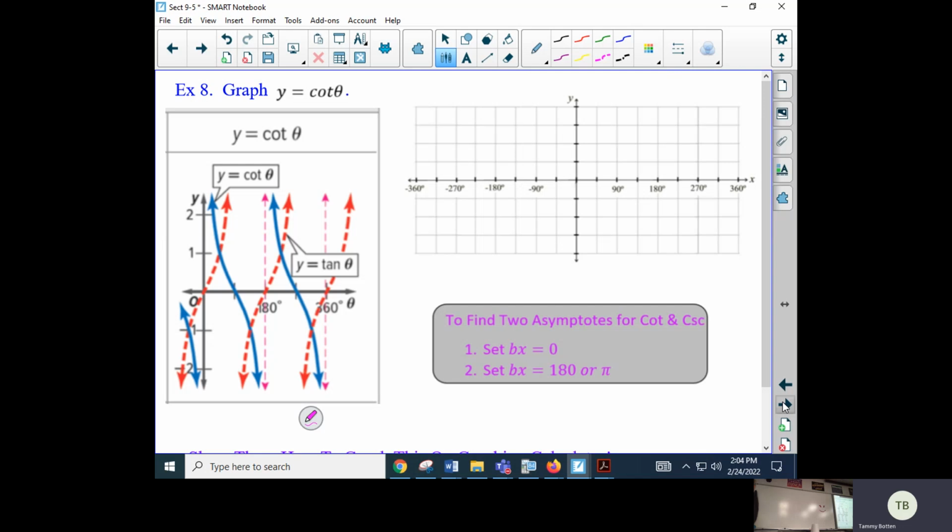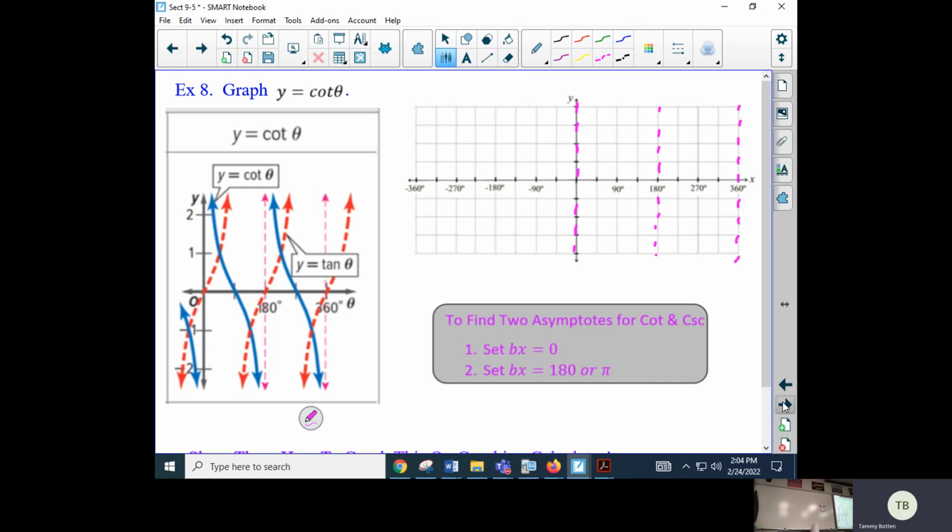All right. So we're gonna graph cotangent, okay? And do you guys remember what I said, where your vertical asymptotes are for cotangent? 0 and 180. So at 0 and 180, and then just follow that pattern, the next one would be at 360.